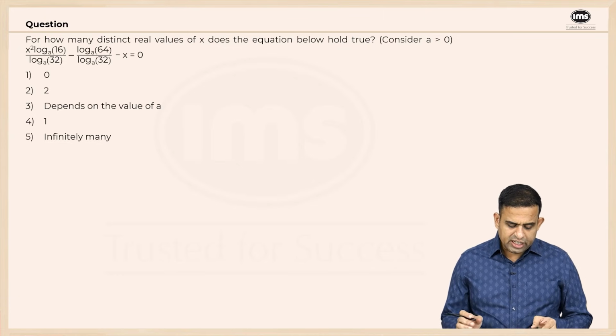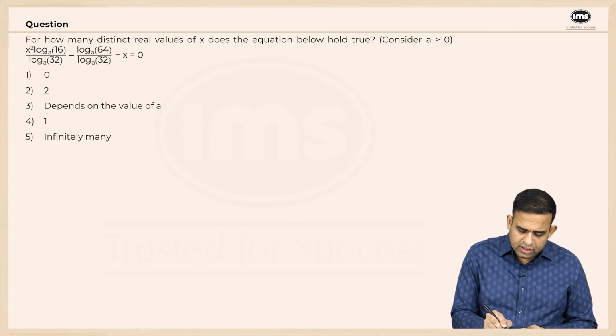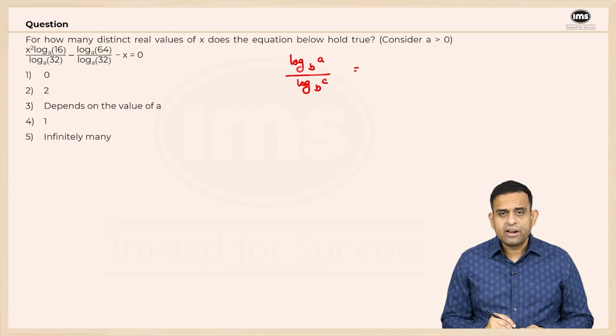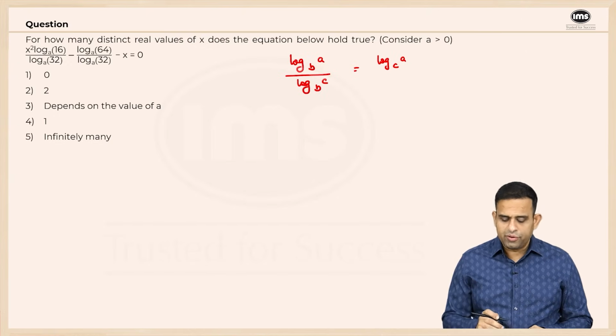And what we can say is that, suppose in this particular context, if I go in a very non-conventional manner, we know this particular property that if I have log a to the base b divided by log c to the base b, this thing one can write as log a to the base c. That property we can choose to apply over here.